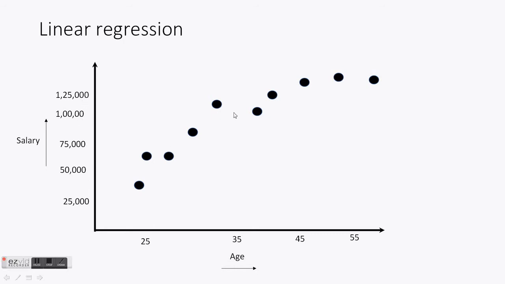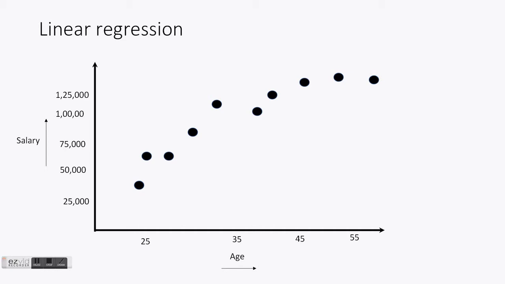And let us assume that we see a plot like this. Intuitively, a human brain can easily come up with a relationship, a curve which kind of passes through most of these points, and we can figure it out intuitively. But can we actually make a machine be able to estimate this relationship between age and salary? What would we need to do for a machine or a program to be able to determine this relationship?